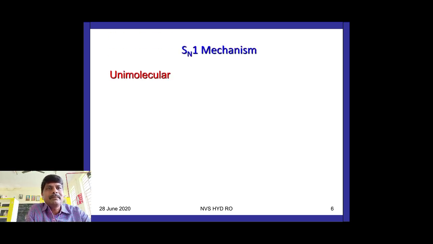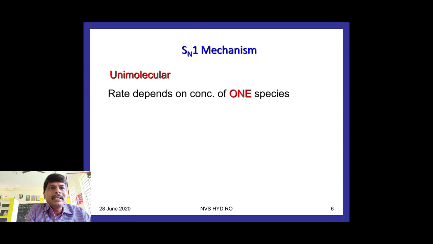In SN1, the 1 stands for unimolecular, and the rate of reaction depends on the concentration of only one species, only the concentration of alkyl halide.